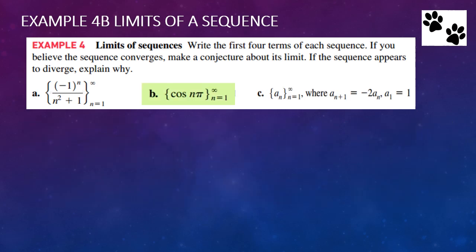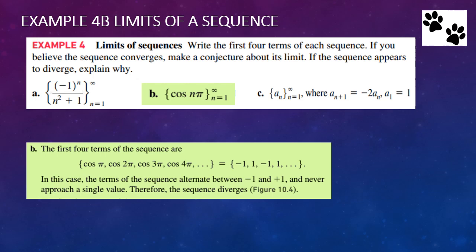So now let's look at B. Hit pause and then find your first 4 values and see what you think here. Well, when we do the first 4 values, we get negative 1, 1, negative 1, 1. Here we're just going through the x-axis, if you will, the quadrantal angles 180 and 360.